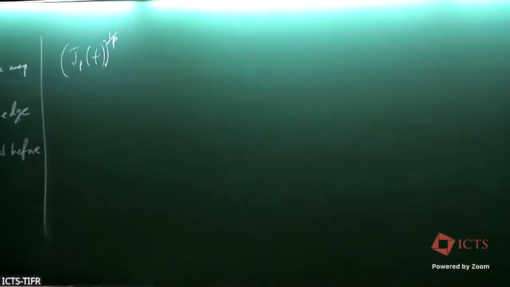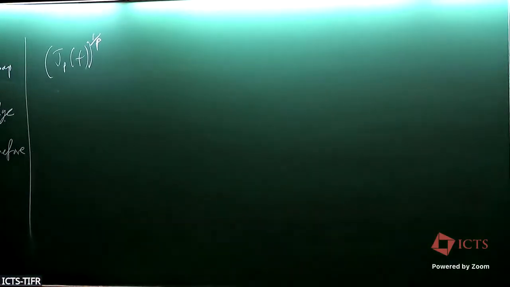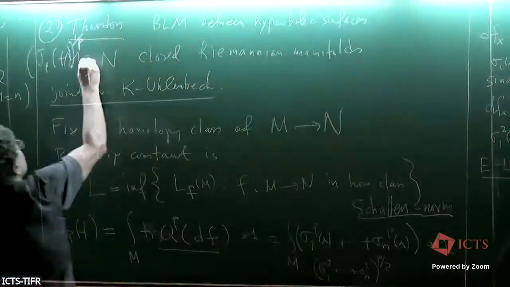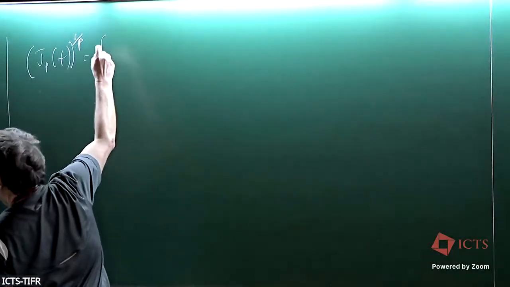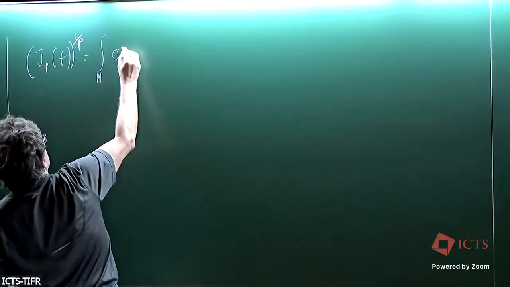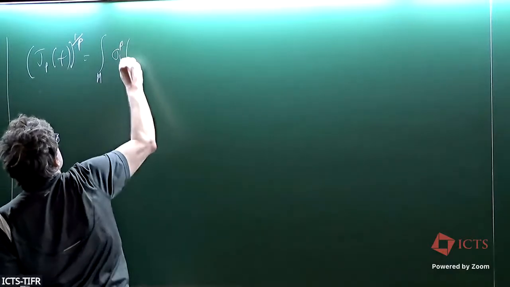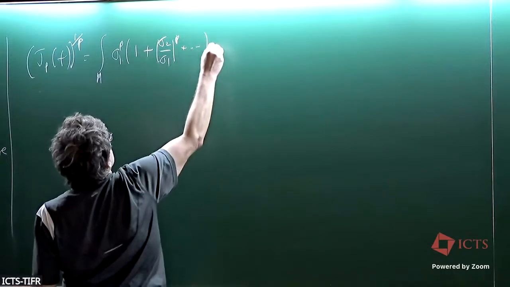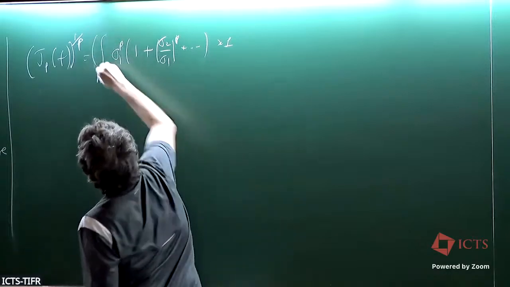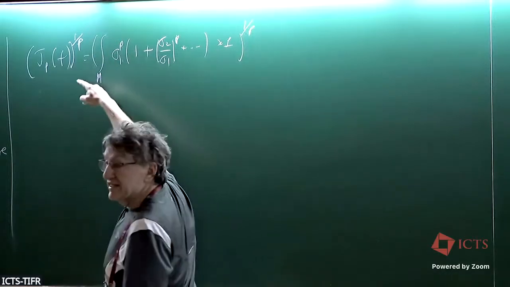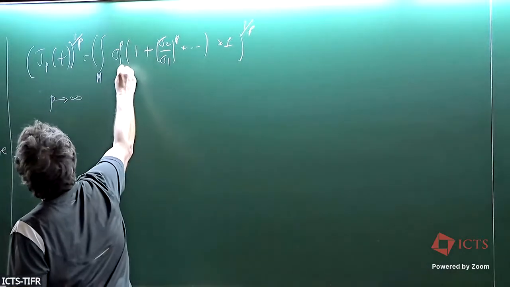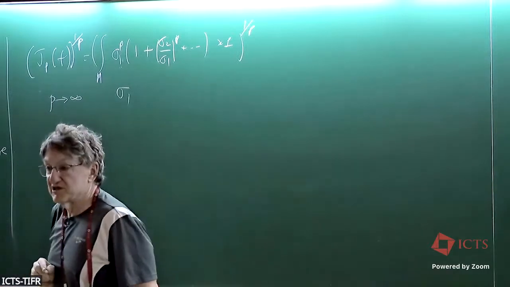But if you take this to the 1 over P, and factor out the largest eigenvalue sigma 1, it is sigma 1 to the P times 1 plus sigma 2 over sigma 1 to the P, plus etc., and then to the 1 over P. Heuristically speaking, as P goes to infinity, this converges to sigma 1, which is the Lipschitz constant.